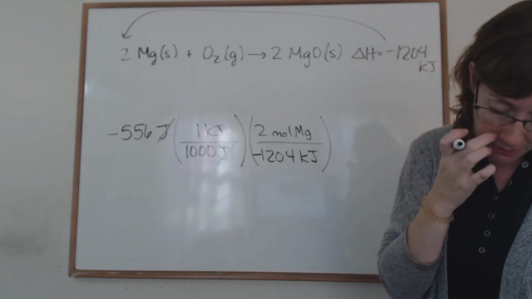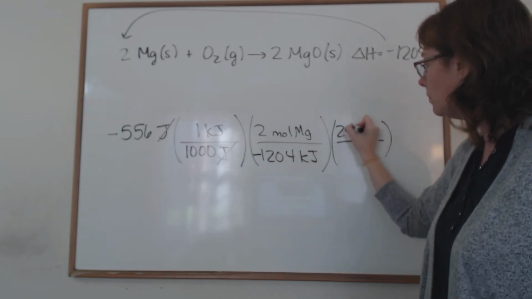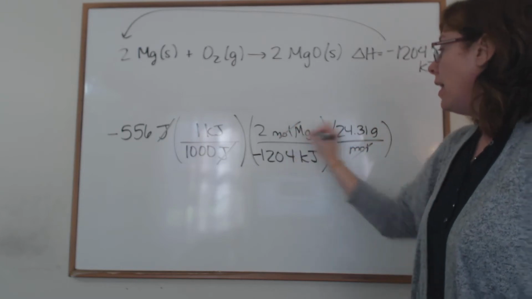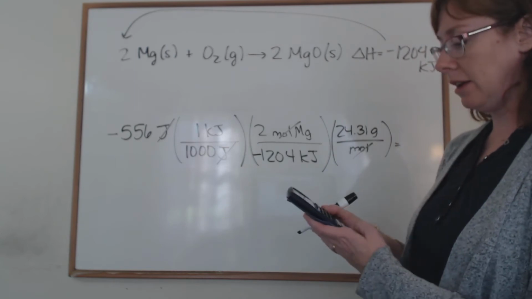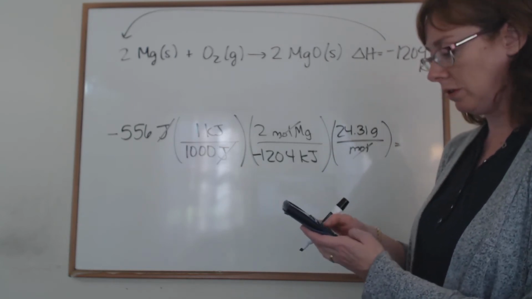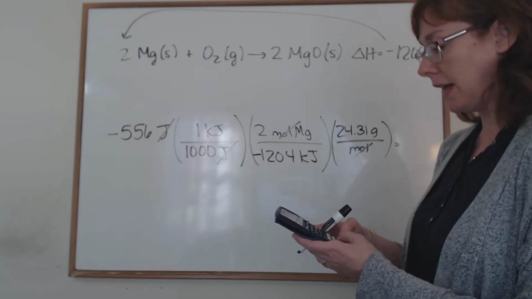But speaking of grams, we need to put this into grams. So gram per mole, 24.31 grams per mole for magnesium. And that should do the trick. So let's see here. Like I said, if you get a negative of your gram, just don't include it, because you can't have a negative mass.